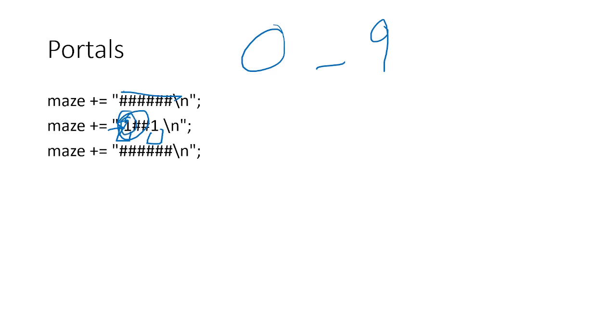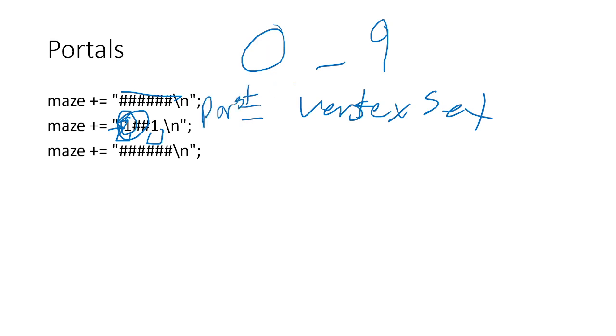So I save that information in a vertex set or a portal set. So, I can assign this to a portal array. And it contains the information of a vertex set, such as the location of where it's at, inside this position.